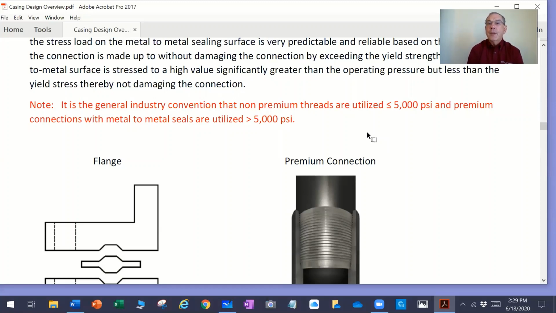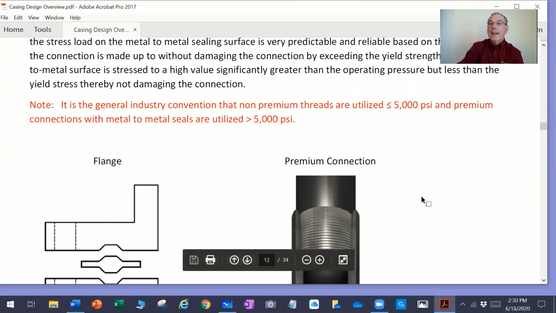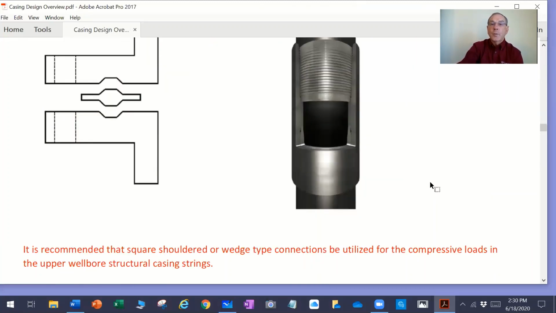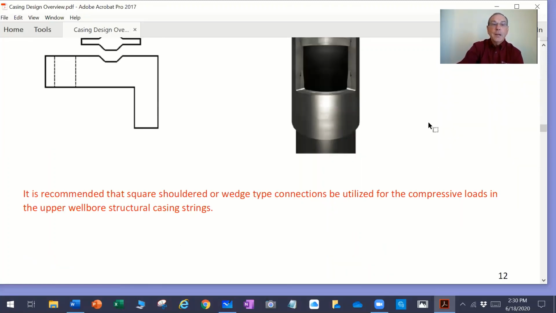But everything below surface casing, where we're going to be operating at greater than 5,000 PSI, and this is just normal convention, we will use a premium thread. A premium thread is one that has an extremely good metal to metal sealing surface, for pressure ratings and for not having leakage.